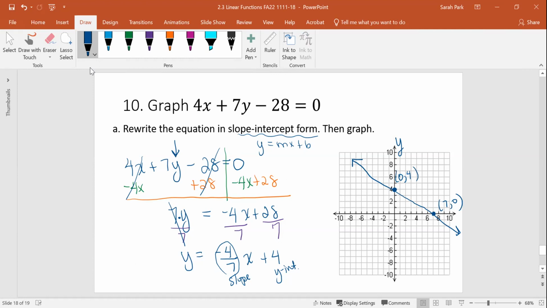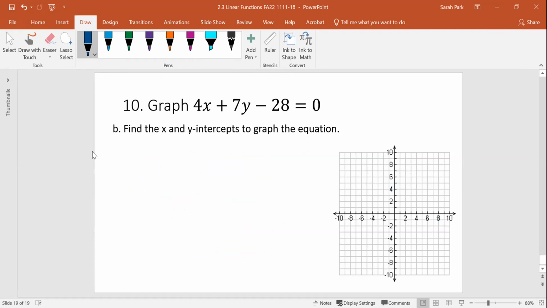Okay, so you can see that using our slope, we can get the x-intercept. But I wanted to show you another method of doing this, just finding the x and y-intercepts without rewriting it into slope-intercept form. I'm going to make a table over here.